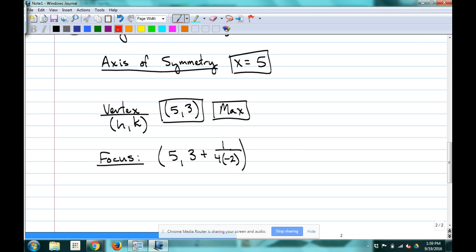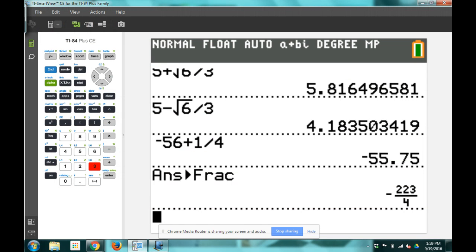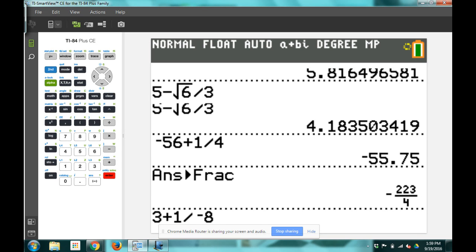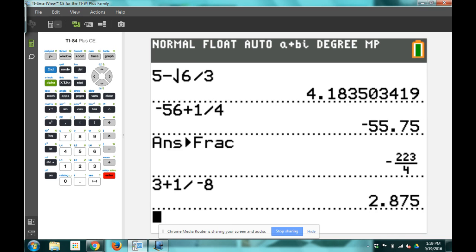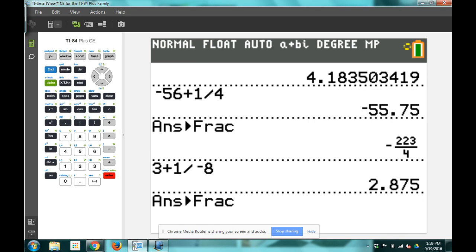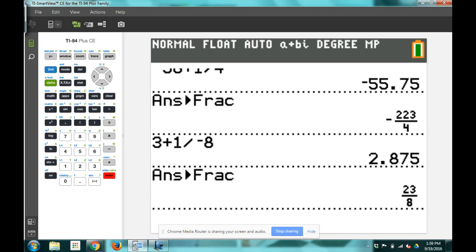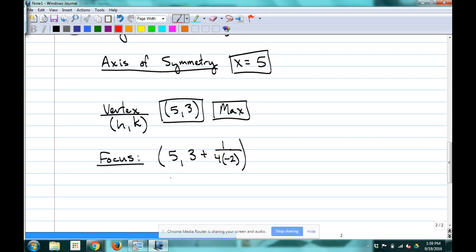So that'd be 3 plus 1/(4 times -2), which is 3 plus -1/8. Math, enter. Get that back to a fraction form for me. 23/8. Yeah, 23/8. That's right. So that's my focus.